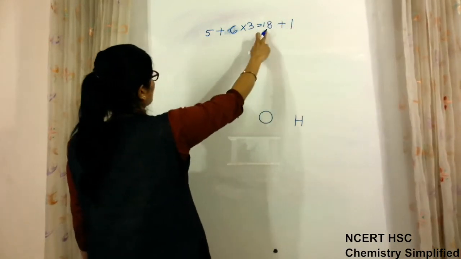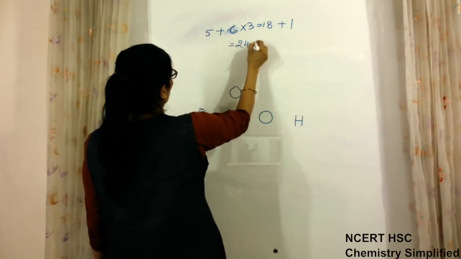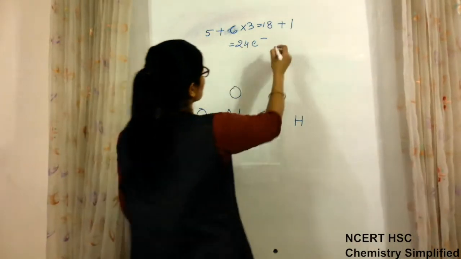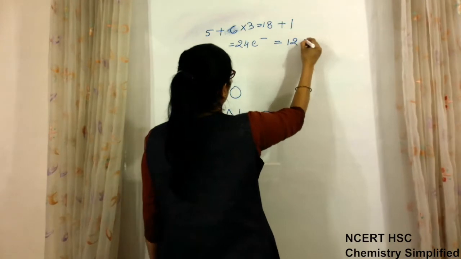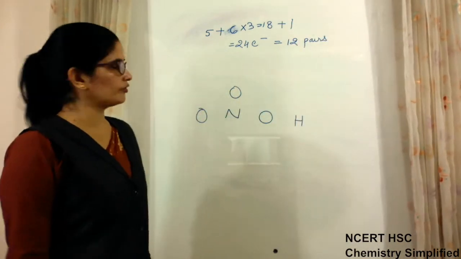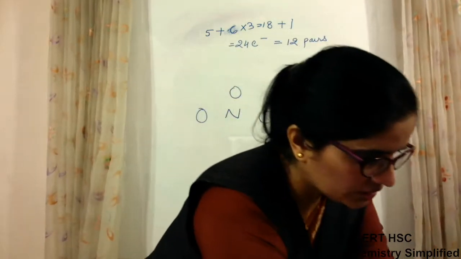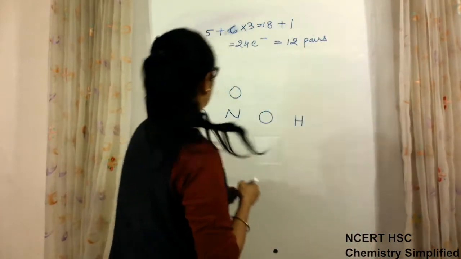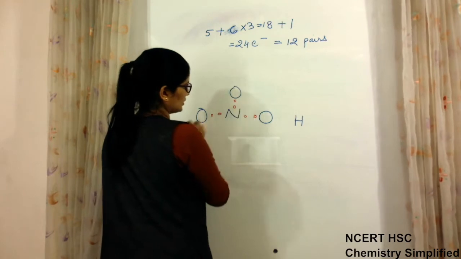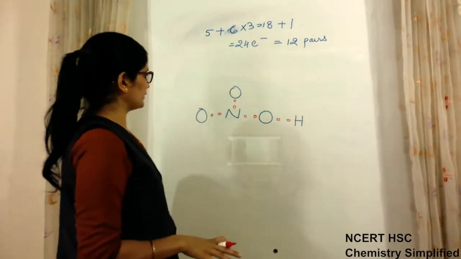So 18 plus 5 is 23, plus 1 is 24 electrons. Now 24 electrons is equal to 12 pairs, because they are always present in pairs for bond formation. Let us change the color so it is clearly visible. 4 we have distributed as bond pairs.